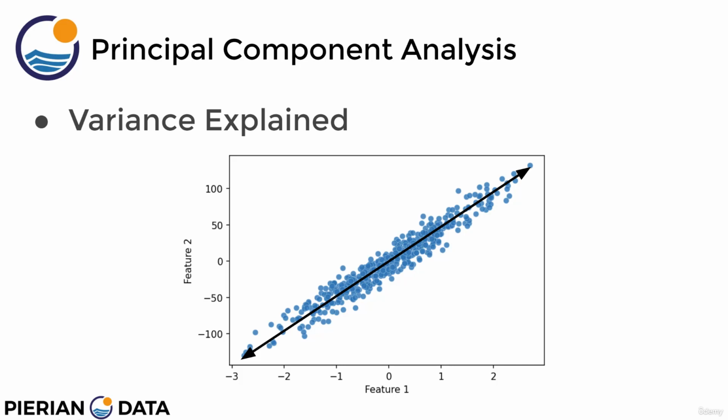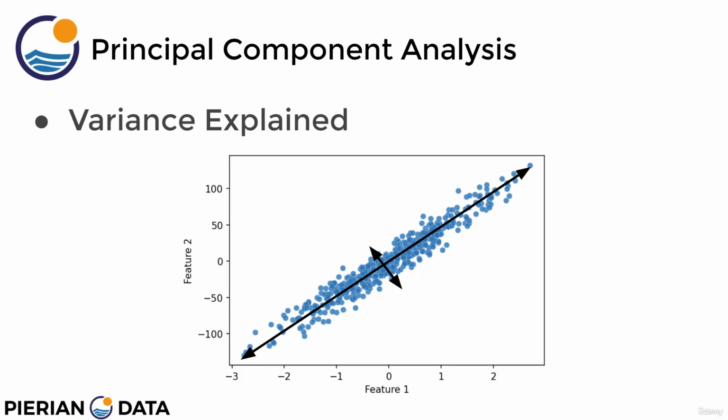So if I were to go along this black axis line, I would have some value of feature 1 and some value of feature 2, so I have some sort of linear combination of those features to create that line. Likewise, I could look at it orthogonally, or that is perpendicular, and take a look at this component. Now, if I look at the scattering of these data points along these two components that I've discovered here, we have to think which one explains more of the dispersion in the data set.